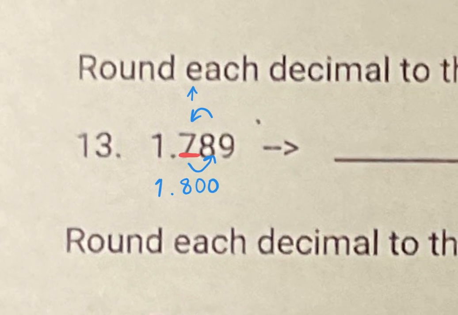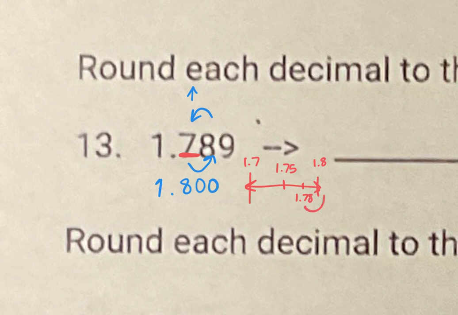So what this is really saying, if I have a number line again, I have 1.7, and then here I have 1.8. Now 1.75 would be my middle, my very dead center. But this is 1.78, so it's going to end up here.